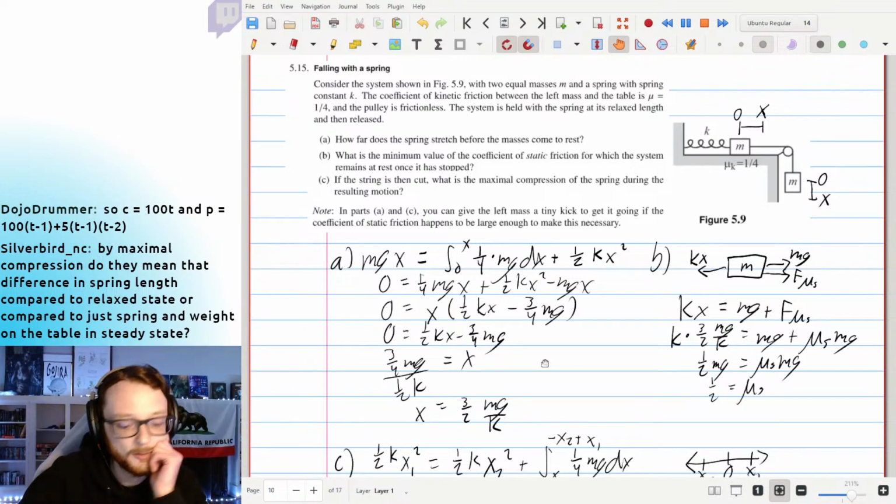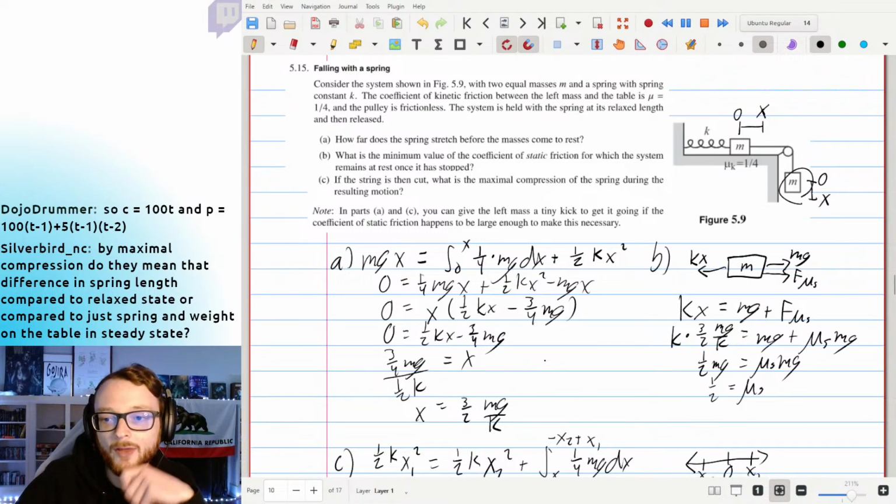There's friction here, so the steady state will be no motion, but I'm interpreting it as: when the mass is attached, the spring gets stretched whatever distance, x1 here. And the maximum compression they're asking about, I'm interpreting as the first compression.